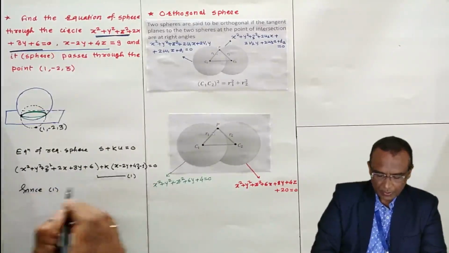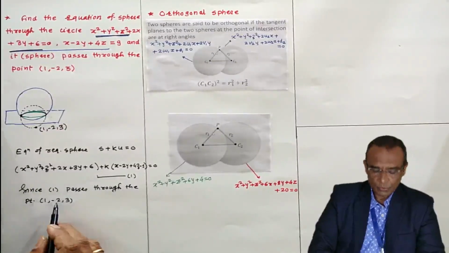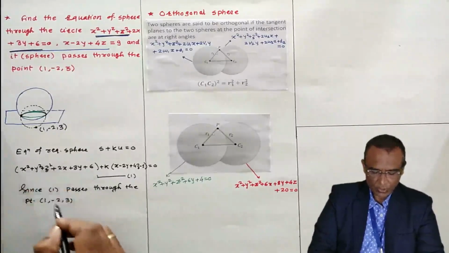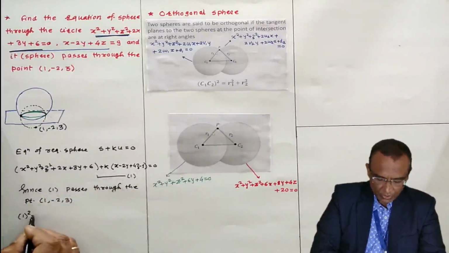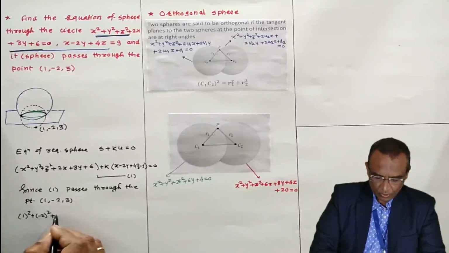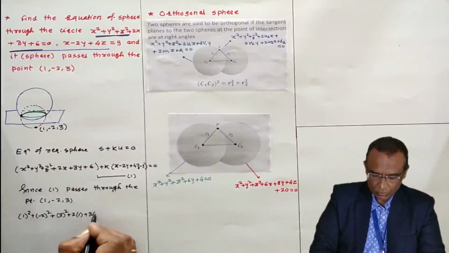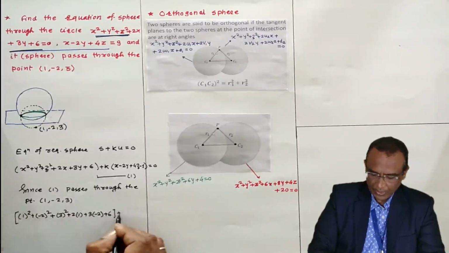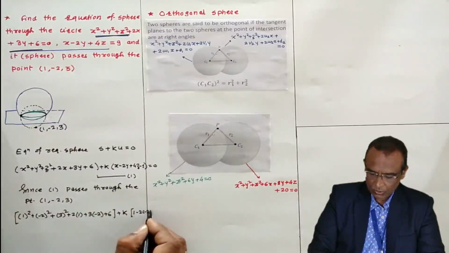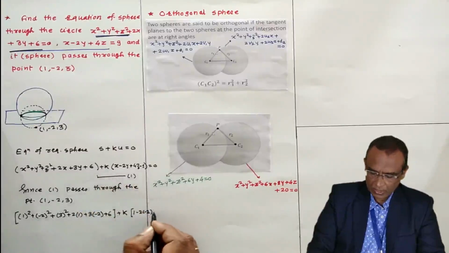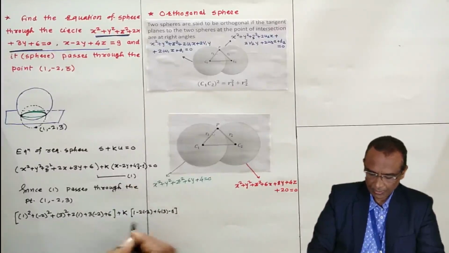So put x equal to 1, y equal to minus 2, and z equal to 3 into the equation, plus k times the plane expression with x is 1, y is minus 2, z is 3, minus 9, equal to 0.